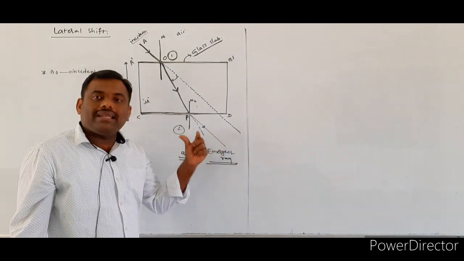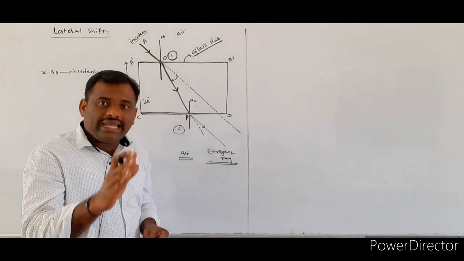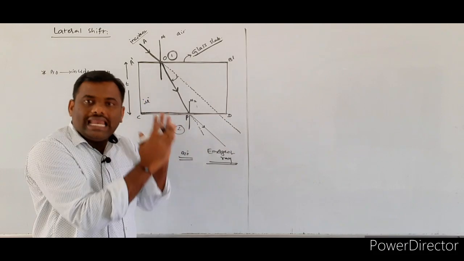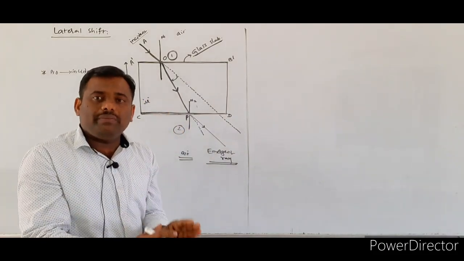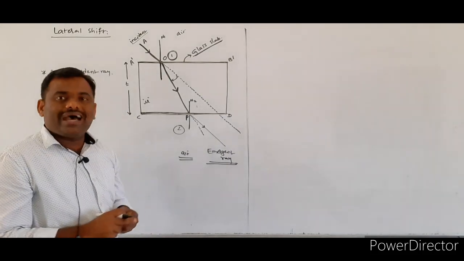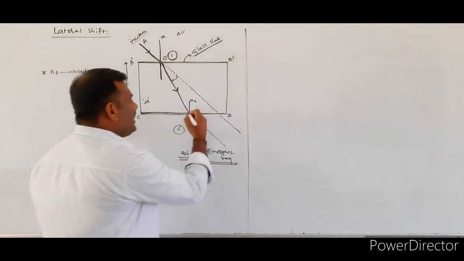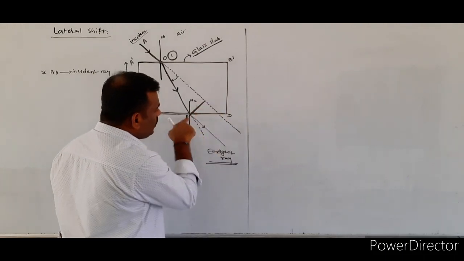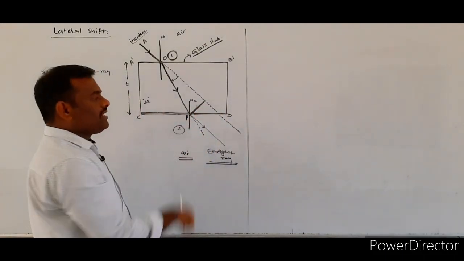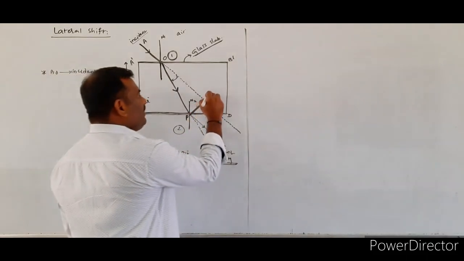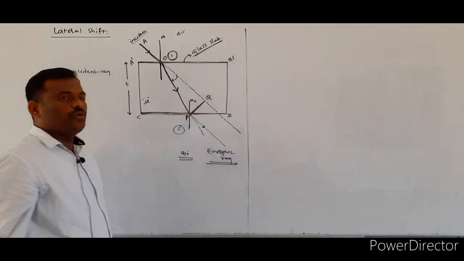Which light rays are parallel to each other? The incident light ray as well as the emergent light ray coming out of the glass slab. Since these two rays are parallel, we draw a perpendicular to the emergent light ray, taken as PQ.